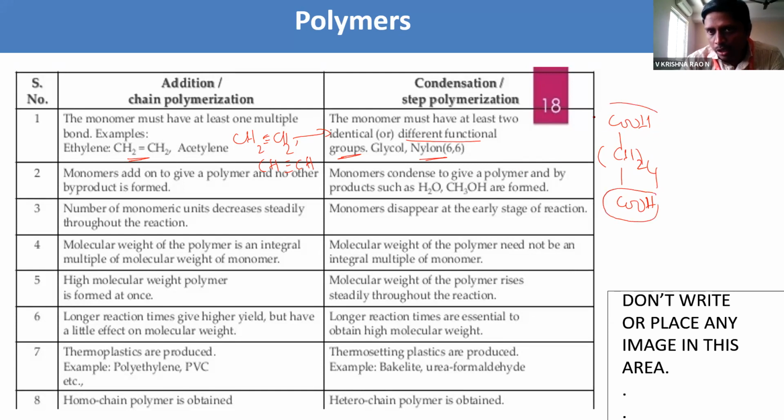That is the meaning of identical or different functional groups.